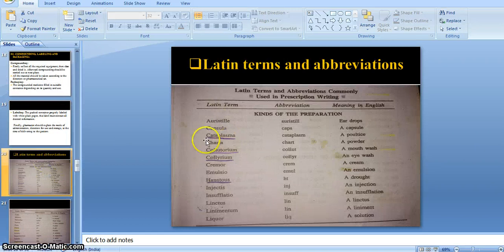Let's see the Latin terms that are used in prescription writing.